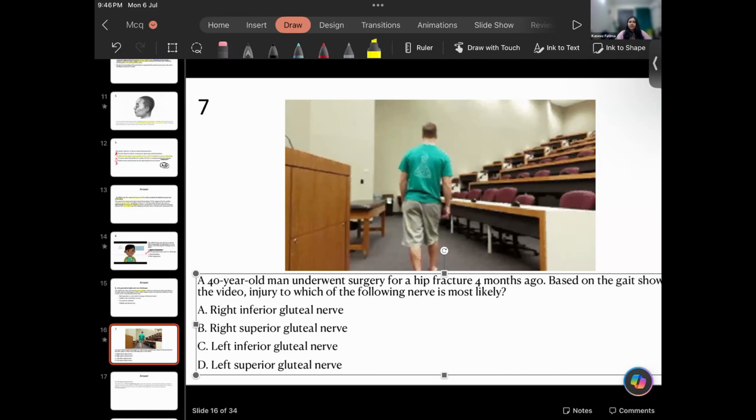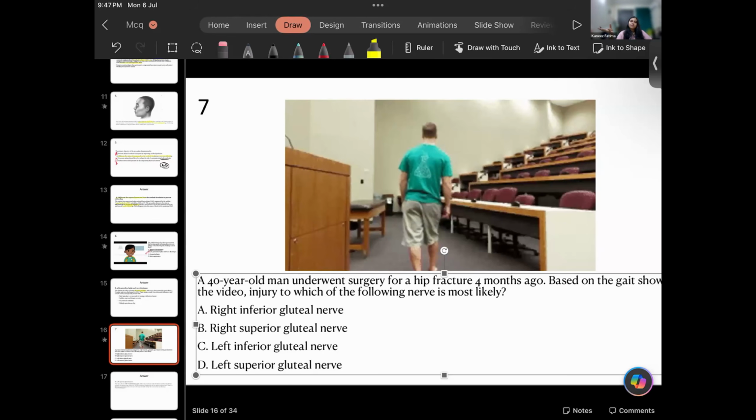So it works in the other way. The right muscles actually lift the pelvis up on the left side. Likewise, the superior gluteal nerve supplying the gluteus medius and gluteus minimus on the left side will cause lifting of the pelvis on the right side.